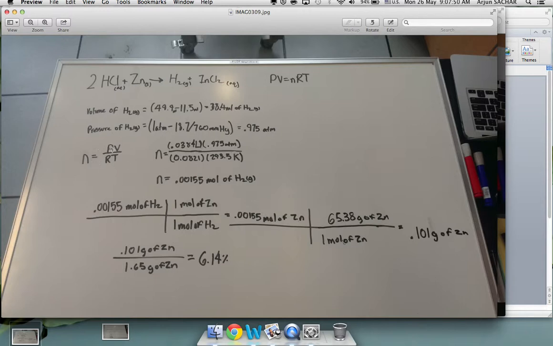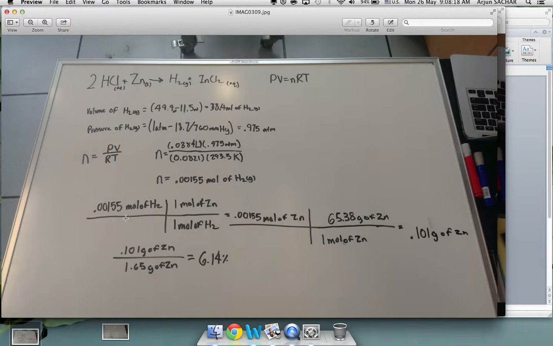And then we have the equation rewritten to find the number of moles. So we found n equals PV over RT, where n represents the number of moles, and then we plugged in everything. So that's 0.0384 liters times 0.975 atm over 0.0821, which is our R, and 293.5 Kelvin. We found out the number of moles of H2 gas was 0.00155 moles of H2 gas.